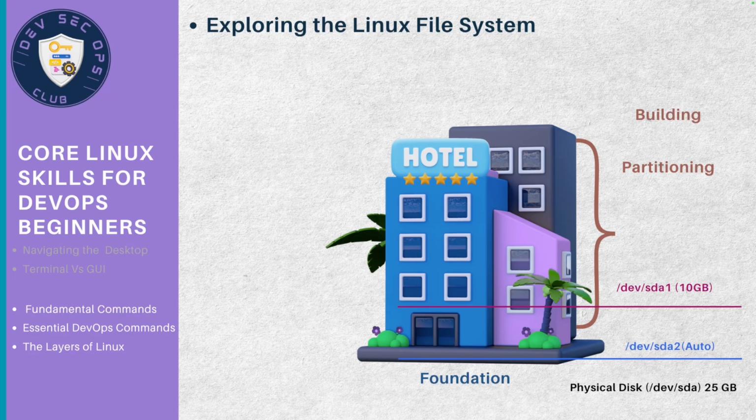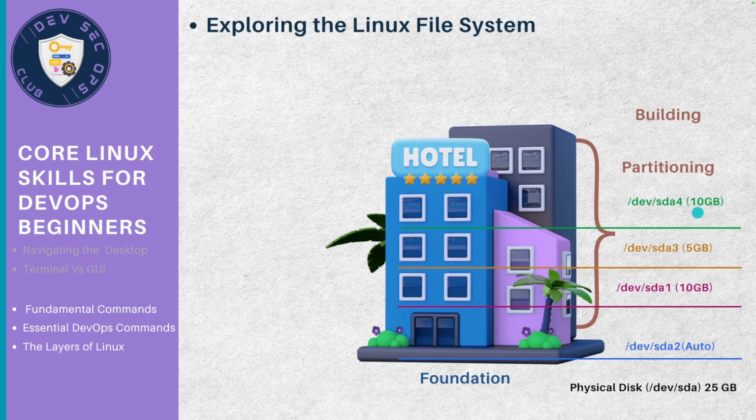Then the next one was automatically created, which is /dev/sda2, right? Then we created the swap, which is /dev/sda3. Maybe let's say it's floor 3, and /dev/sda4 is floor 4, and we decided to go with 10 GB. So that's what we decided. Okay, we allocated the floors, right?